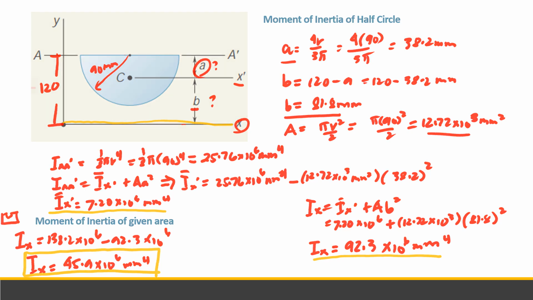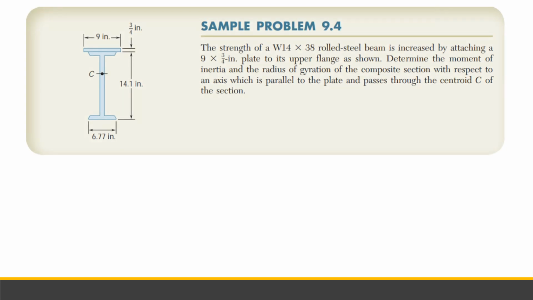Okay, so another sample problem, which is 9.4. The strength of a wide flange beam, which is W14 by 38, is increased by attaching a 9 by 3/4 inch plate to its upper flange as shown.